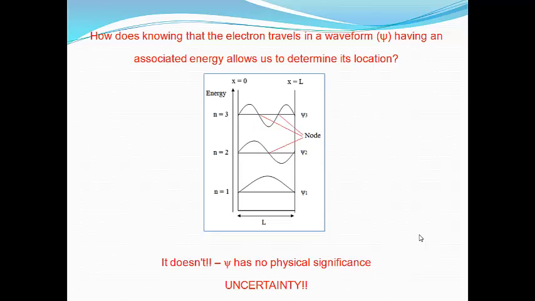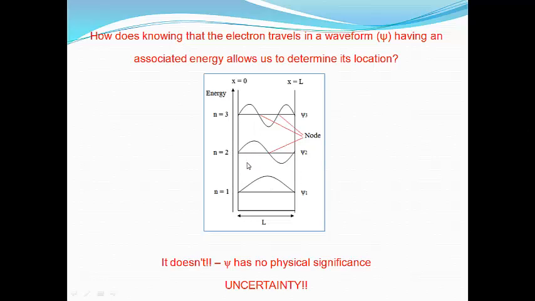So how does knowing that the electron travels in a wave form, being described through its wave function, having an associated energy, allow us to determine its location? The fact of the matter is that it doesn't really tell us definitively the location. It gives us a sense, it gives us an idea of where the electron is, but because of the uncertainty that it comes with, because it's described through a wave function, there is an uncertainty in determining the exact location of the electron.